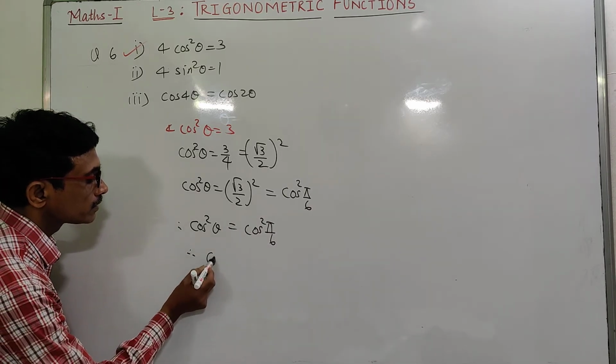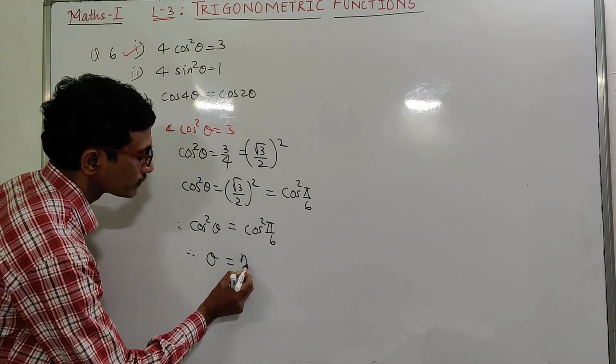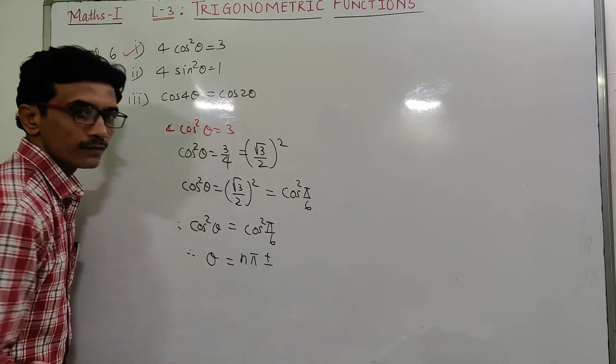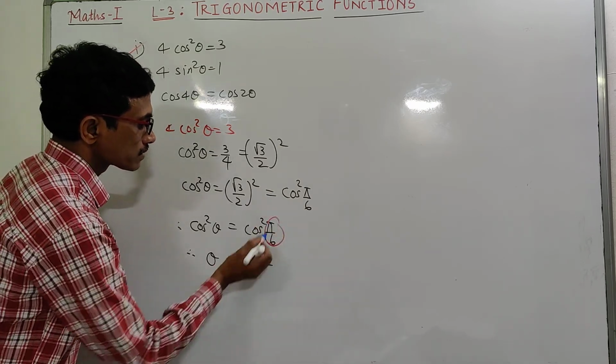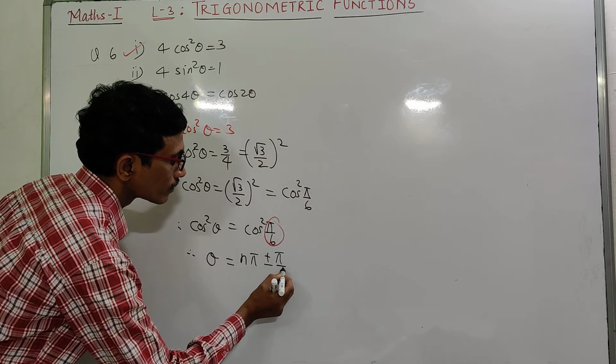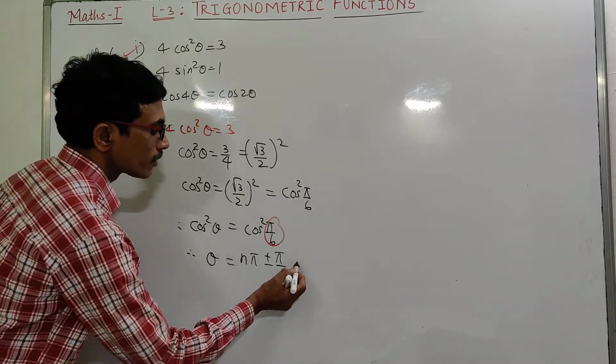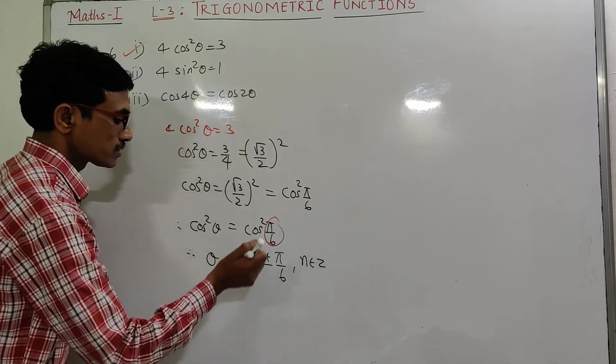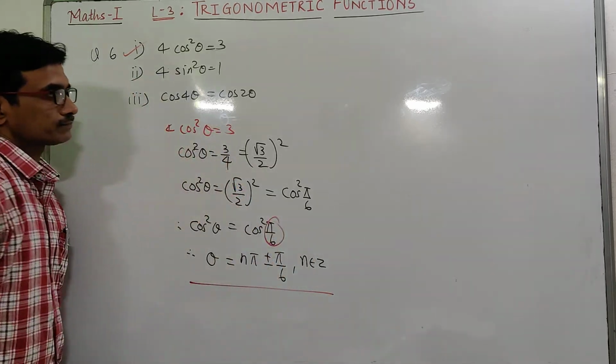Therefore theta is equal to n pi plus minus pi by 6, where n belongs to Z. This will be the general solution.